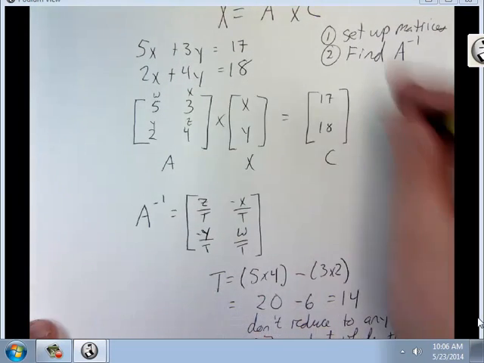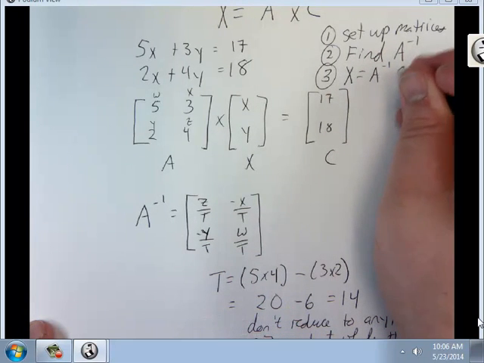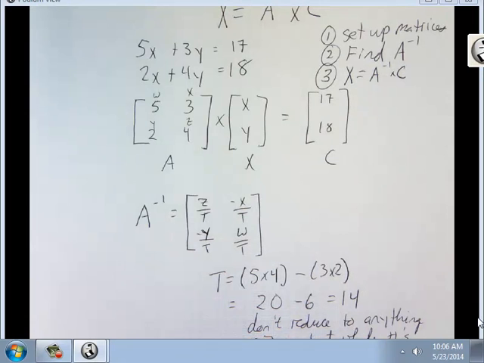Actually, let me get back up here. Then the third step is just x equals A to the minus 1 times C. So that's all we need to do now.